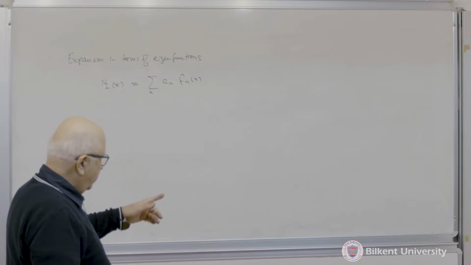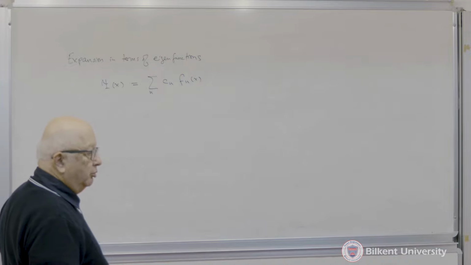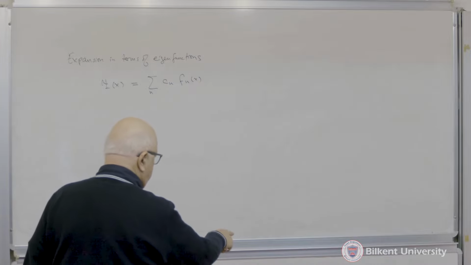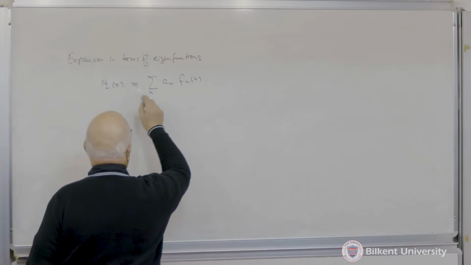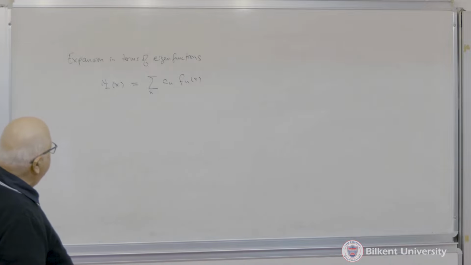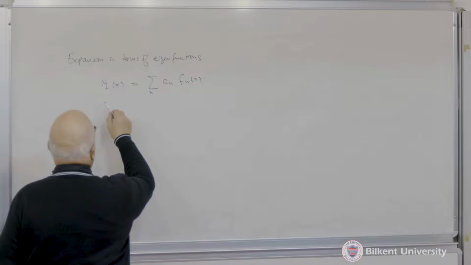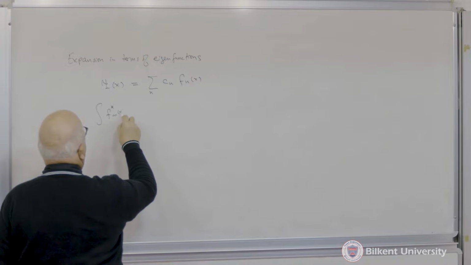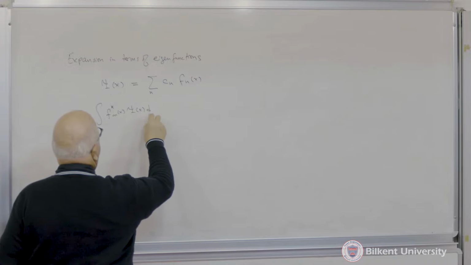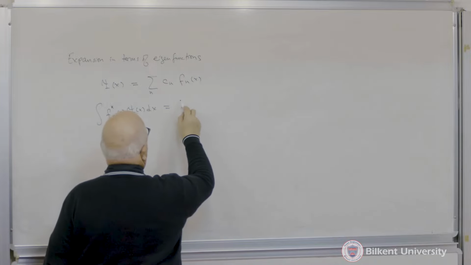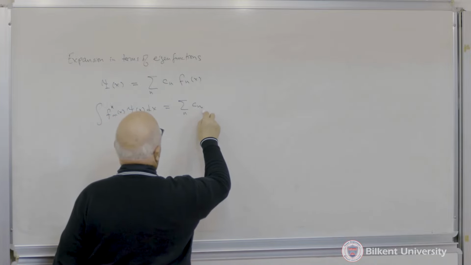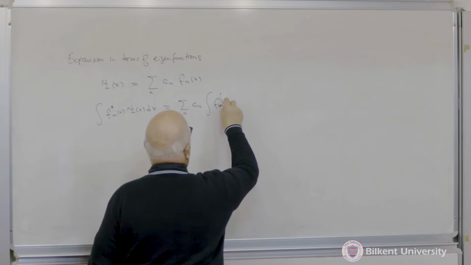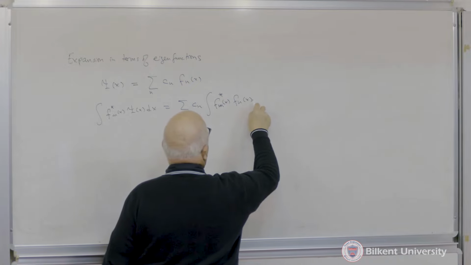How do I do it? I can use this orthonormality procedure and just multiply both sides of this equation by the complex conjugate of one of these things. So if I multiply the left-hand side by f_m star of x, psi of x dx, on the right-hand side I'm going to get the sum over n of c_n, f_m star of x, f_n of x, dx.